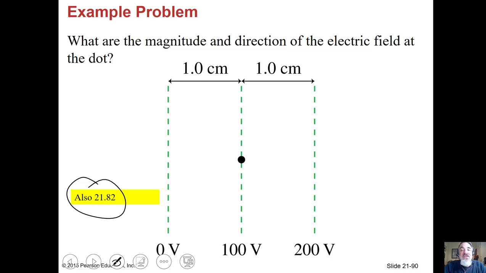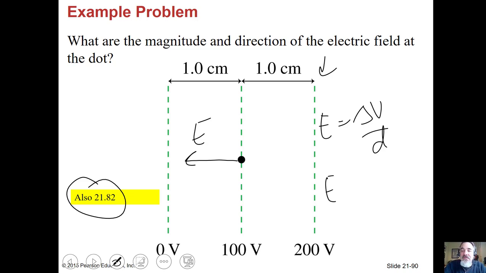What are the magnitude and direction of the electric field at the dot? Okay, so let's take a look at this. This is 200 volts here, 100 volts, 0 volts. Okay, so I know the electric field has to point this direction. And I know the magnitude of it is delta V over D. Okay, so let's go all the way across this thing to figure this out.